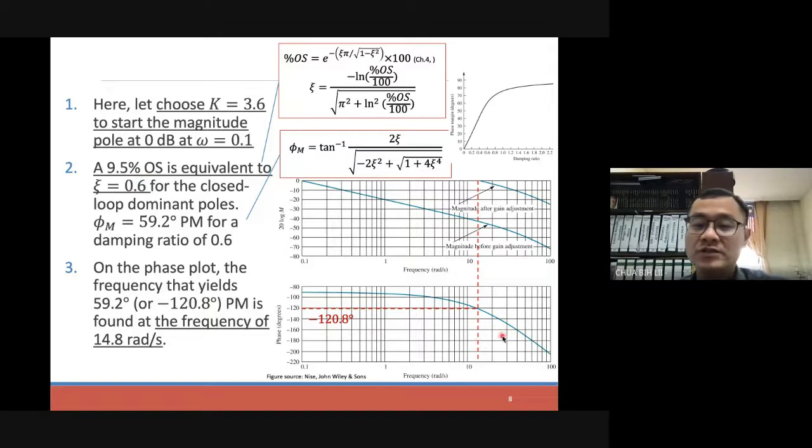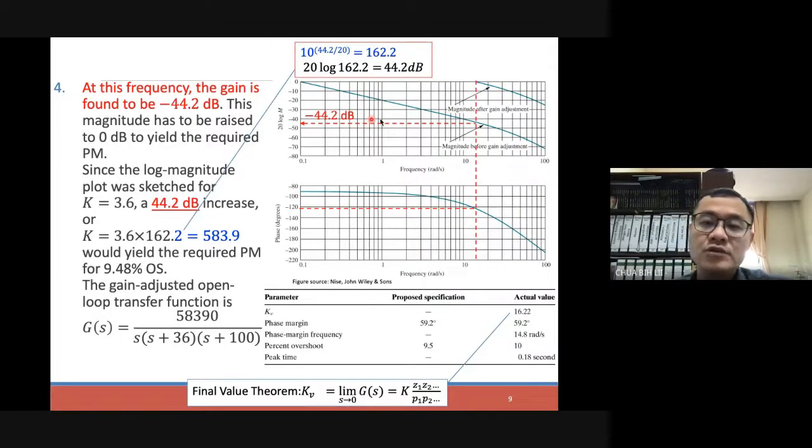This occurs at a frequency of approximately 15, the accurate one would be 14.8. So it's approximately 15, 10, 15, this is 20. So approximately 15 there.